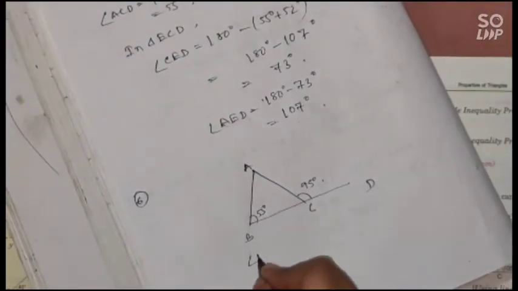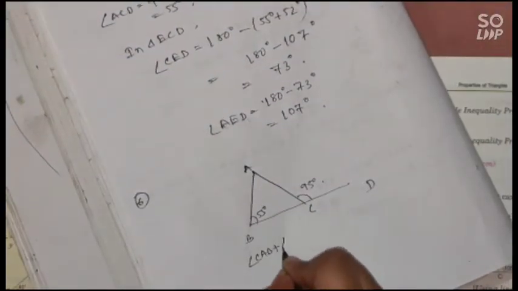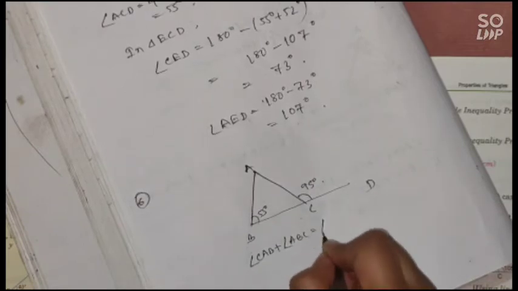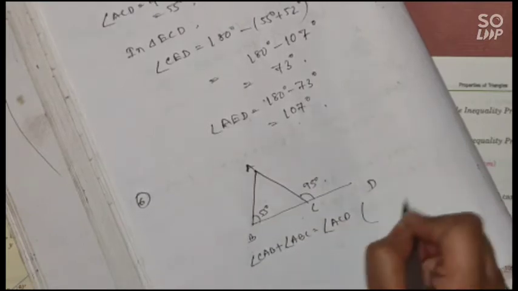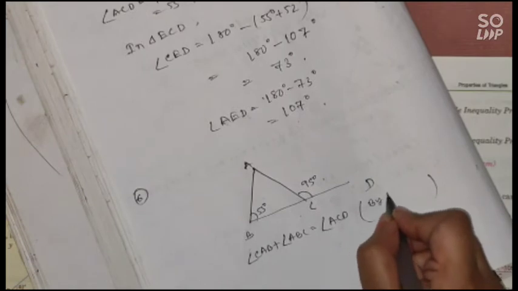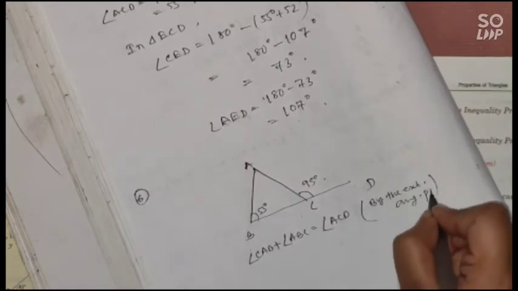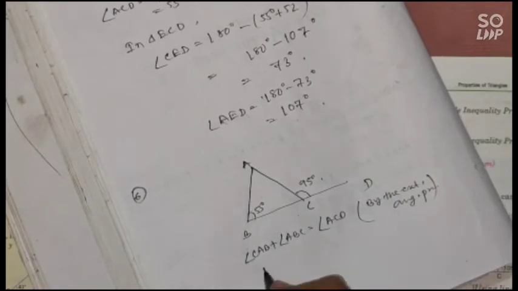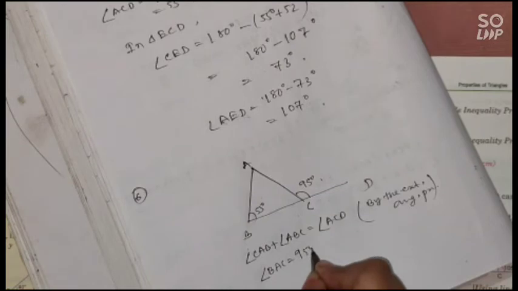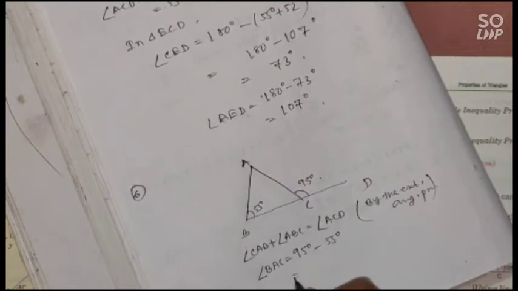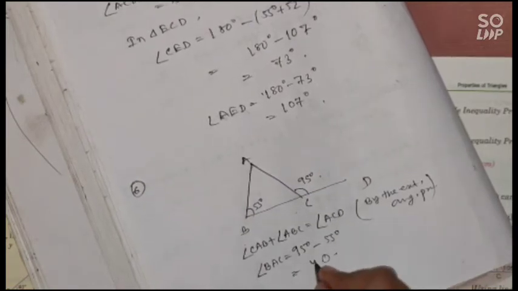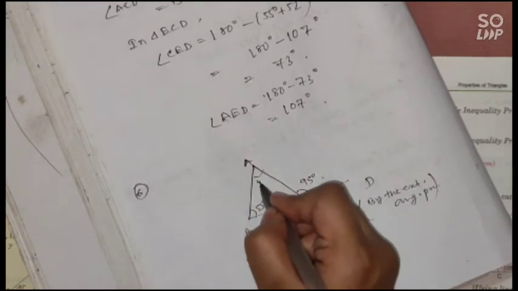So, angle CAB plus angle ABC equal to angle ACD by the exterior angle property. So, angle BAC equal to 95 minus 55, 40 degree. This is 40 degree.